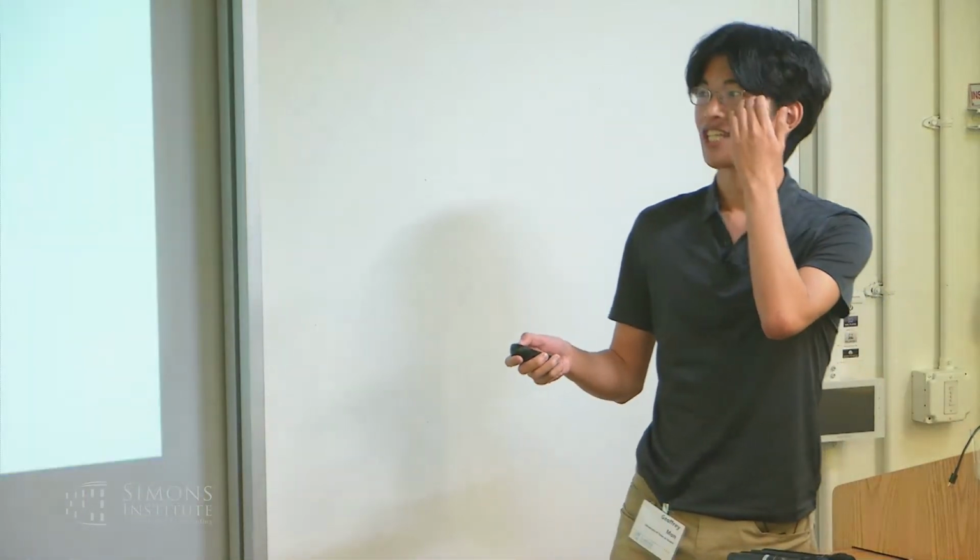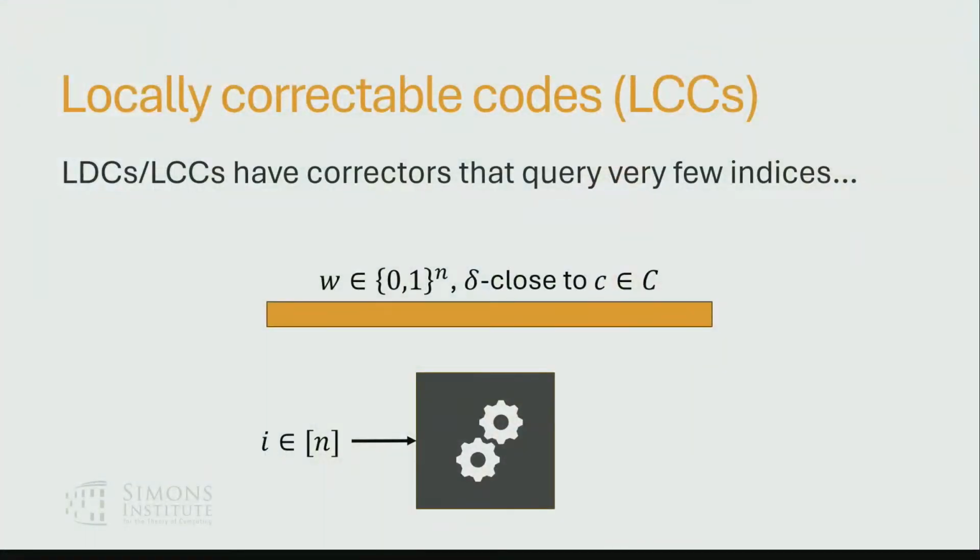Right, so the story of this kind of starts with locally decodable codes or locally correctable codes. They're two very closely related notions. They're basically error correcting codes that have correctors that let you correct by only looking at a very tiny part of the input.